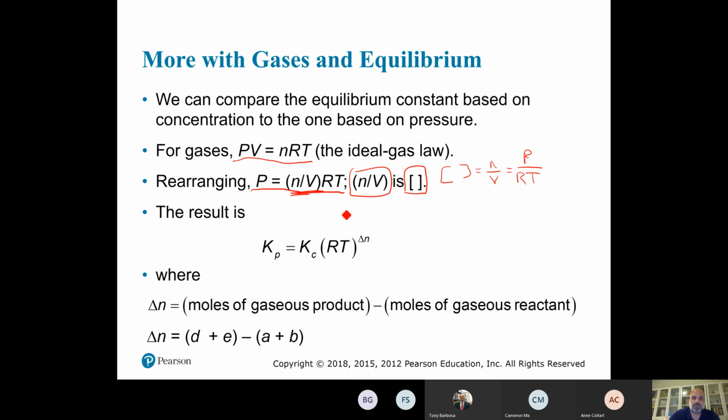So we have our Kc is equal to our concentration.